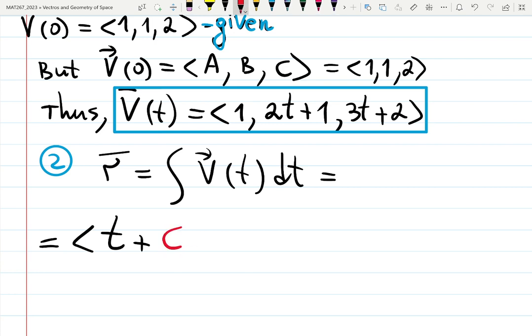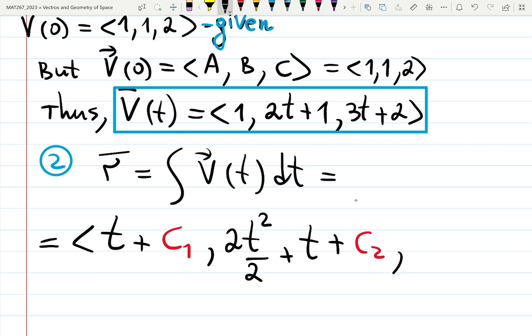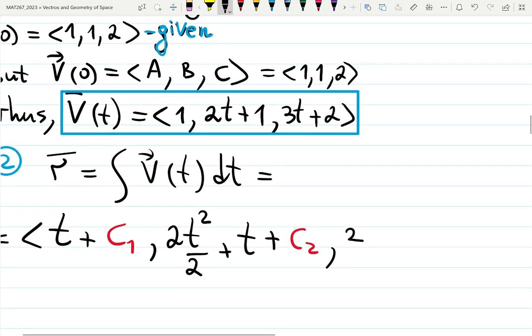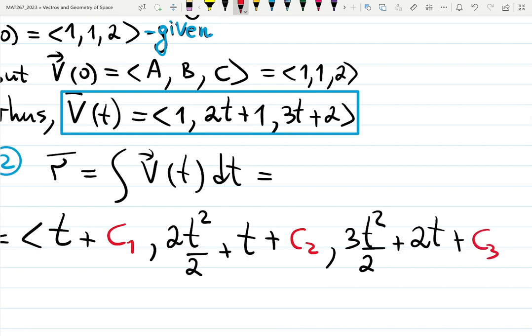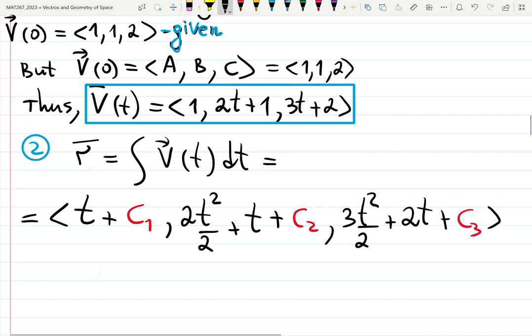So let's do C1. Then what is the integral of 2t plus 1? 2t squared over 2, right? Plus t plus c2. What does 3t plus 2 give you? 3t squared over 2 plus 2t, correct? Plus c3. And then you just need to find C1, C2, C3.